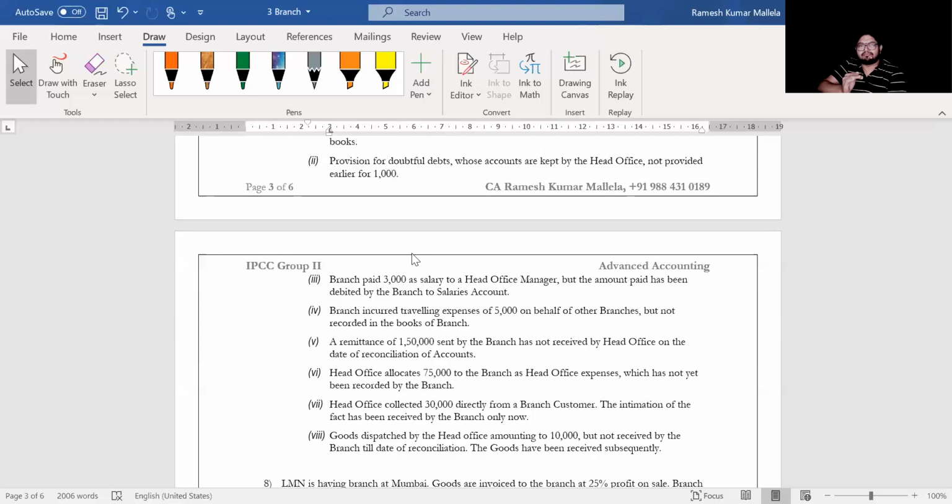So to ensure there is reconciliation, what we are supposed to do is we are supposed to take something called goods in transit. Goods in transit account is to be used. So goods in transit account would be debited and head office account would be credited 10,000. That's all. So broadly, this is how we do in case there are any rectification entries which are supposed to be passed in independent branches.